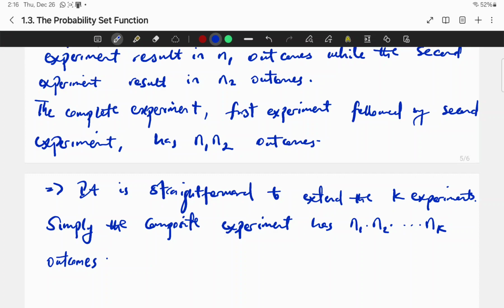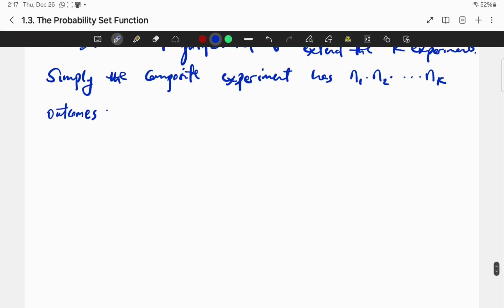Another counting rule we have is permutation.